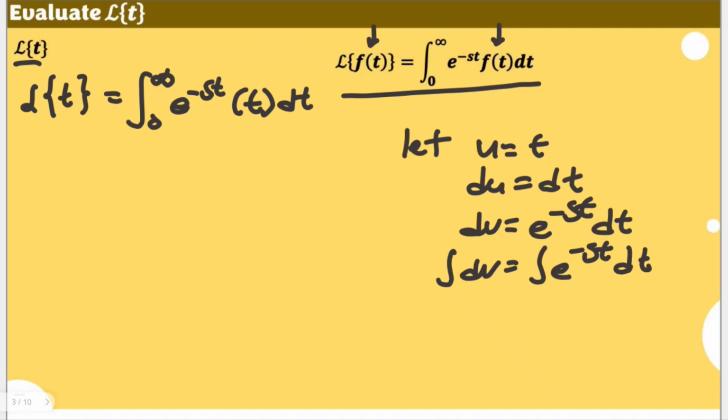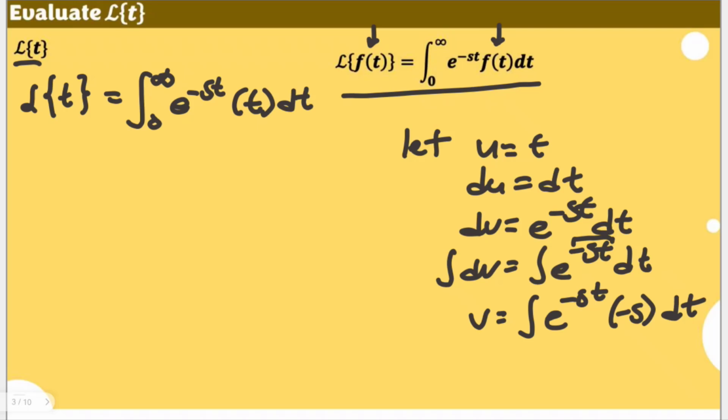So as mentioned, for this to be integrated, you're going to make it e to the u du. So you're asking for the integral of the derivative of negative st with respect to t. So you will have here e to the power of negative st, and then you will have here negative s dt, so that you can actually integrate that.